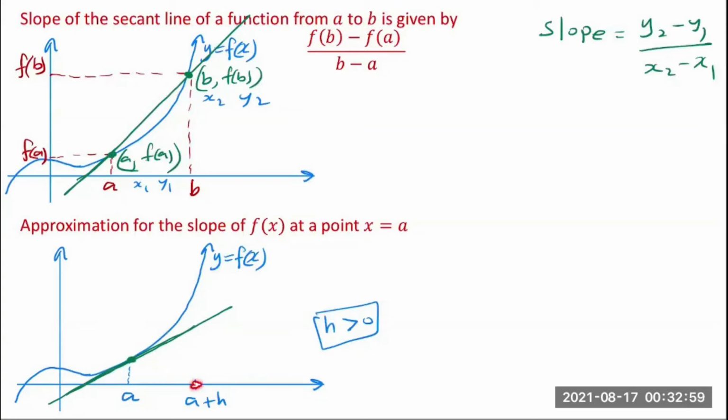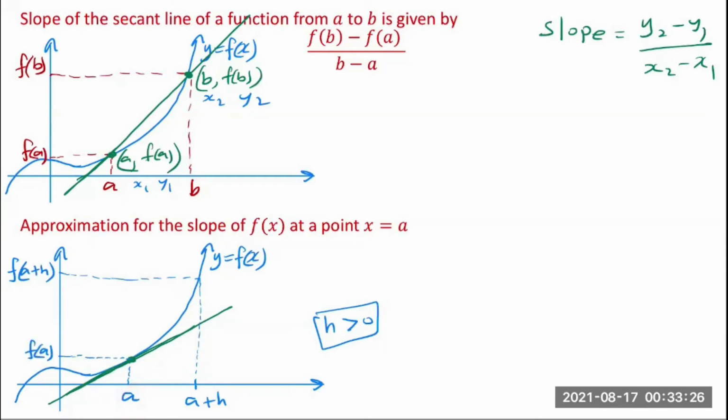If h is a small positive quantity, then I can find the corresponding y value. The corresponding y value would be f of a plus h. And of course, the corresponding y value here would be f of a, because your x value is a.